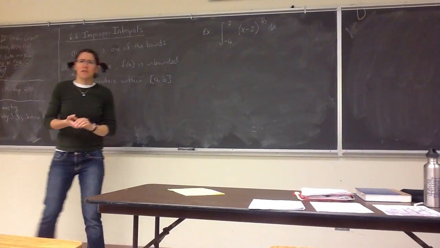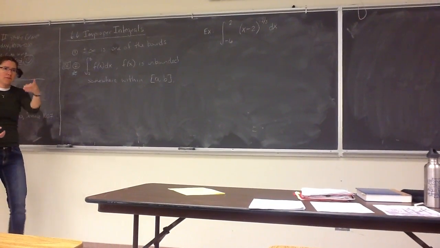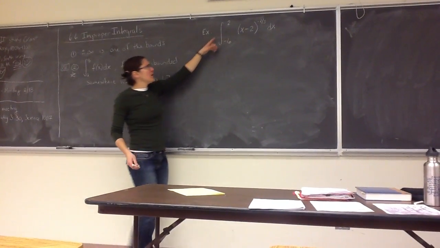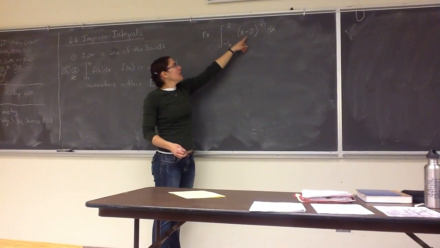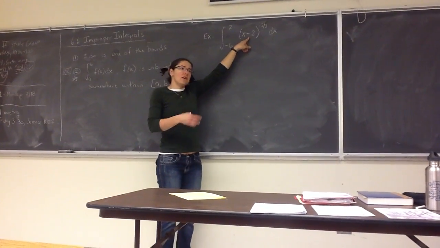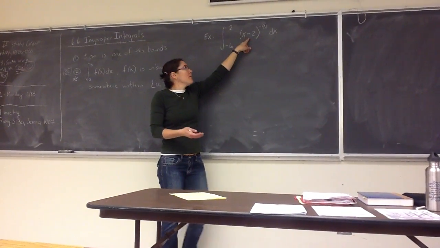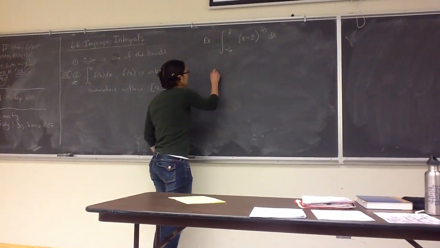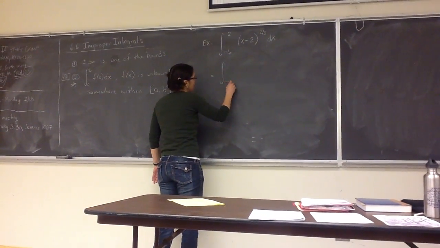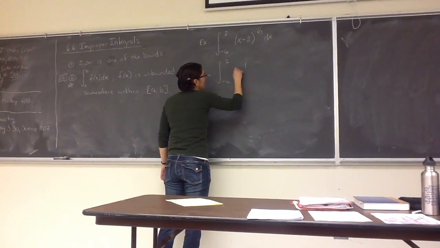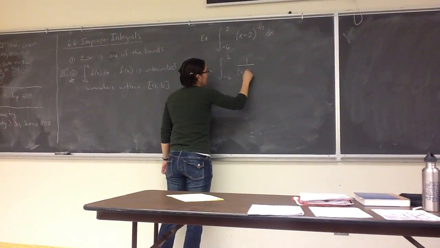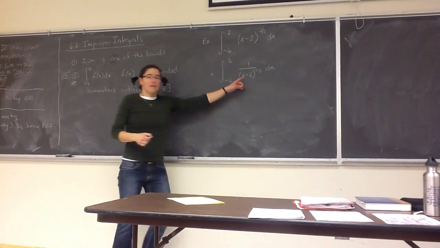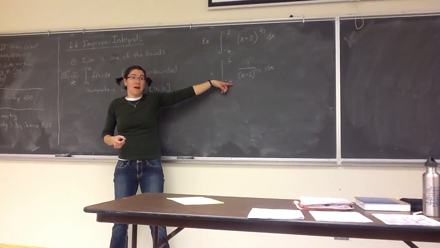Why is this integral improper? Because when you put in 2, it's 0. So when we put in that boundary of 2 into our integrand, we get 0, which itself is okay. The problem is that we have that negative power up here. So really, when I rewrite this integrand, when I think of this as the integral from negative 6 up to 2 of 1 over x minus 2 raised to the 2/3, really the x minus 2 is part of our denominator.